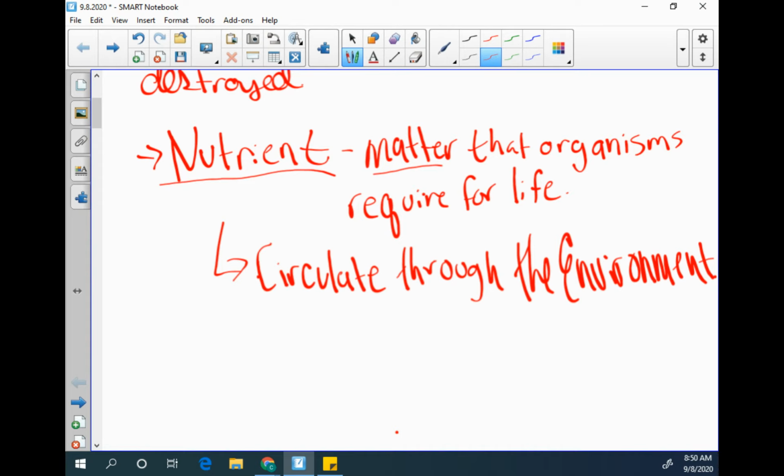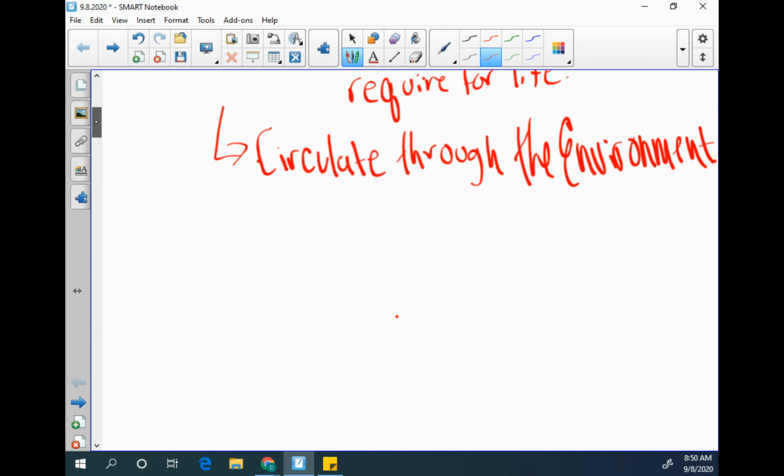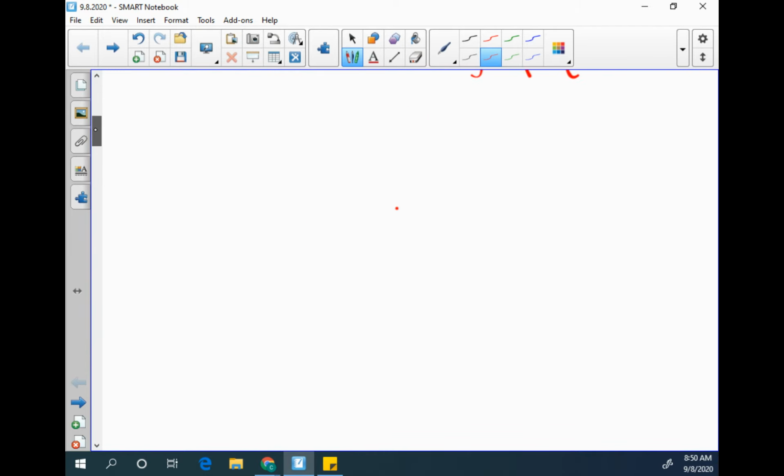So, let's start with the atmosphere. There's a lot of carbon in the atmosphere.